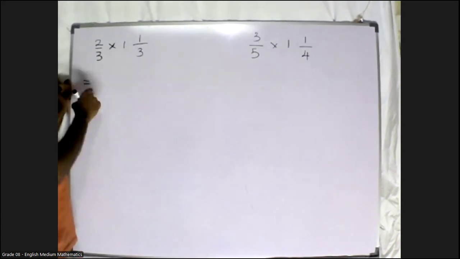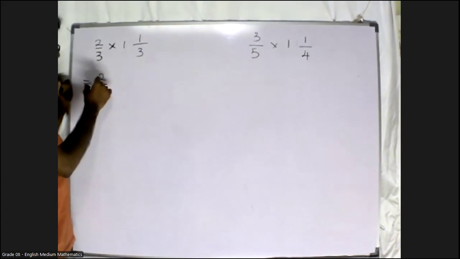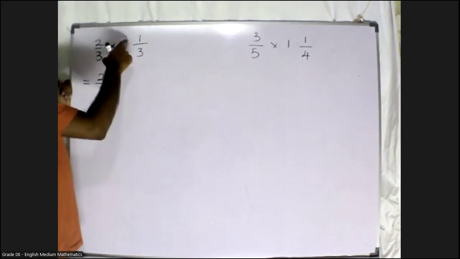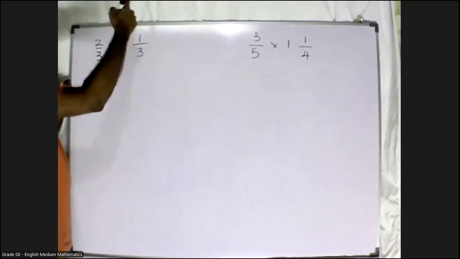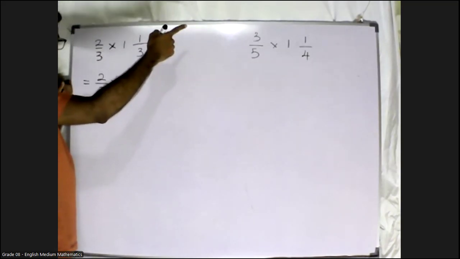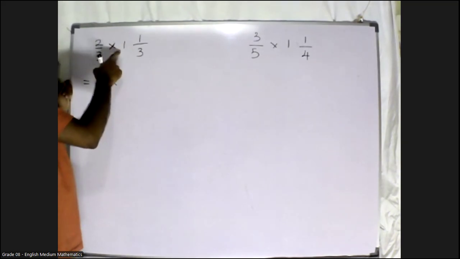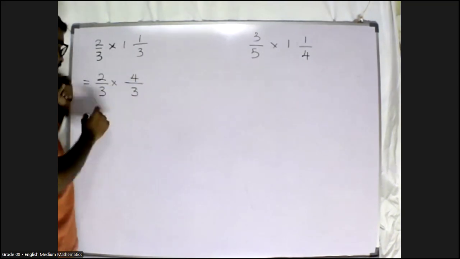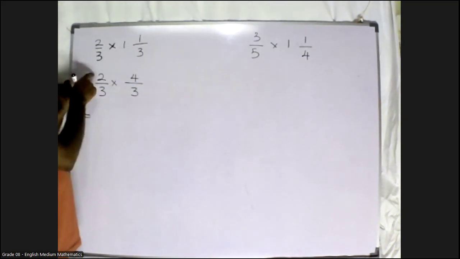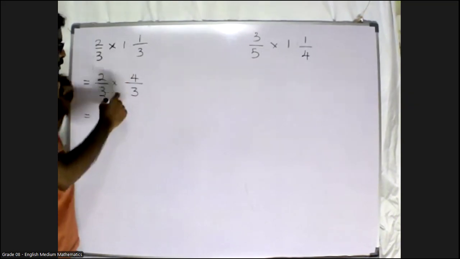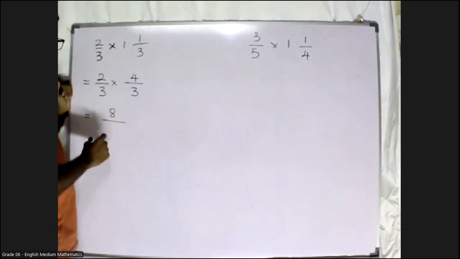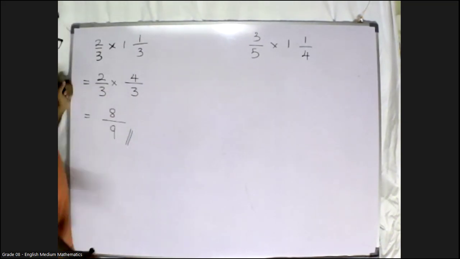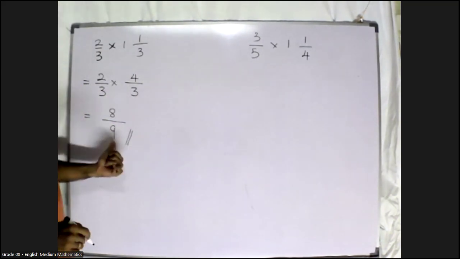Equal mark. 2 upon 3 times, here you have this number; you are going to convert it into an improper fraction. 3 times 1, 3. 3 plus 1, 4. 4 upon 3. Now numerators: 2 times 4, 8. Denominators: 3 times 3, 9. This is the final answer for the first one.